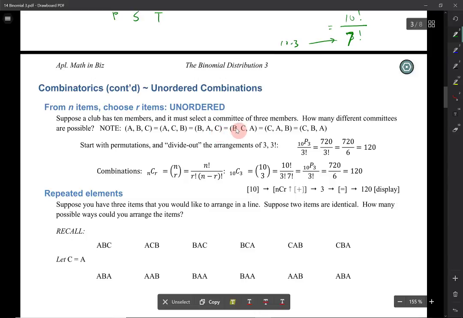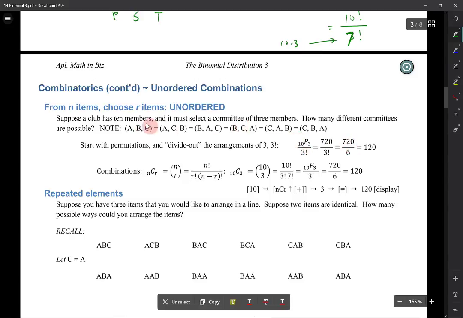So as you're selecting the committee, you theoretically pull them one by one, right? However, once they're on this committee, whether they were first or second or third, it doesn't matter. And so you get rid of that, and what you actually do is divide out by this permutation.